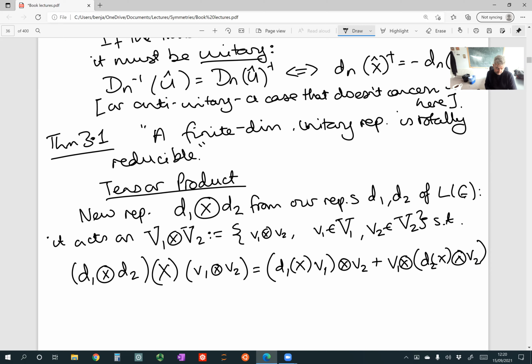So what happens is D1 carries on acting on its representation space, and D2 on its, and that's for all elements x of the Lie algebra.